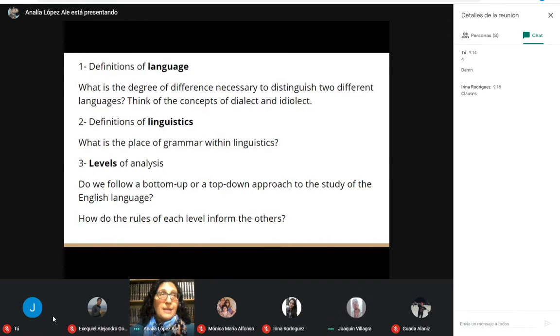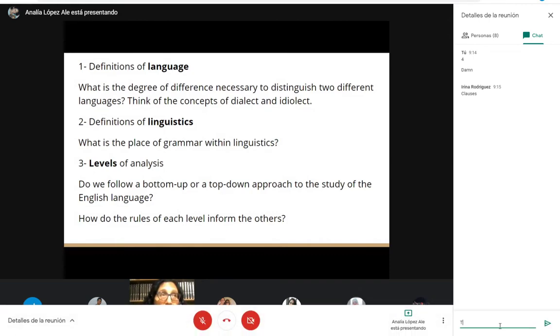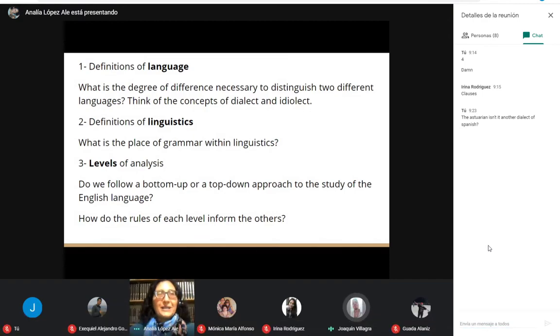The standard dialect of Spanish in Argentina is Rioplatense. Rioplatense Spanish. Nobody speaks that, yes, los porteños. Okay, there are big differences, for example, in vocabulary.